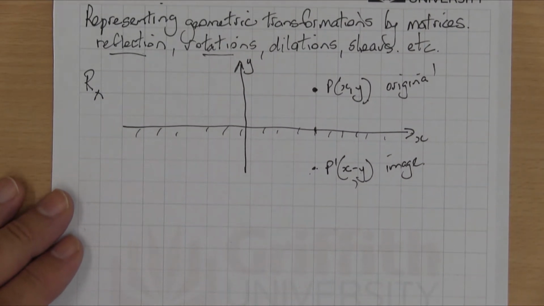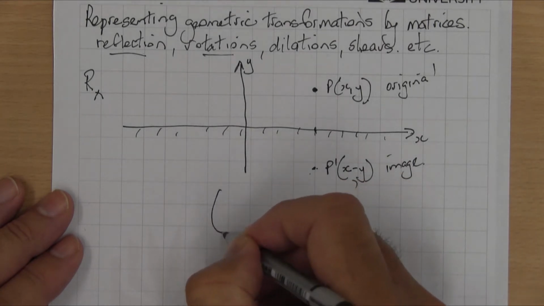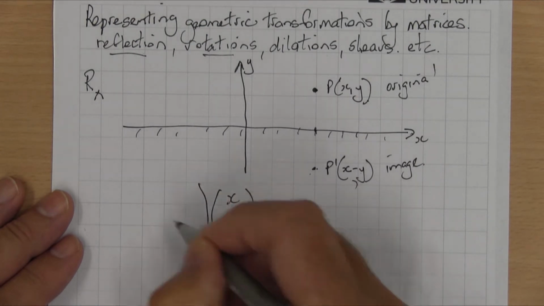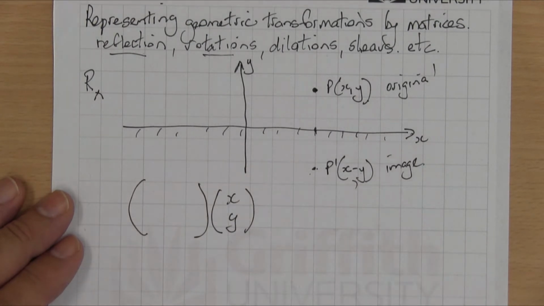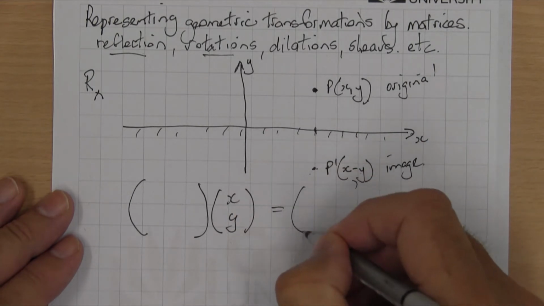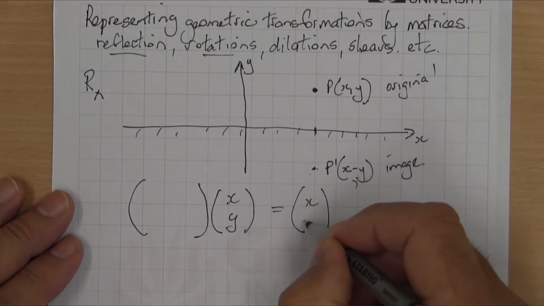Okay, so it's really quite easy. The original point we will put down as (x, y). Now we're going to put a matrix here, and this is the original, and the image, we've got to get (x, -y).